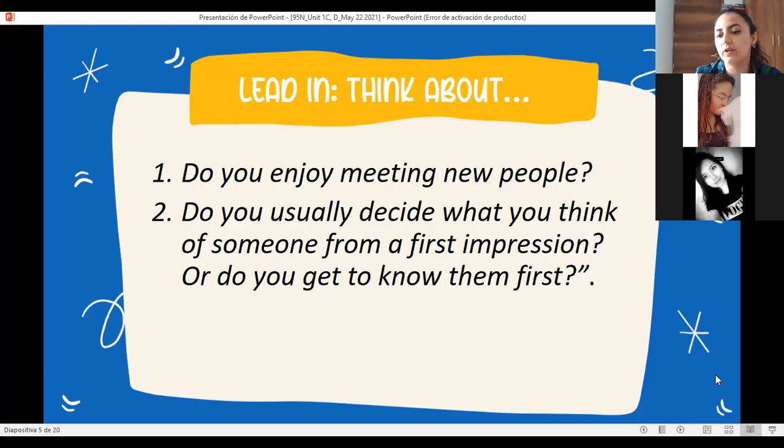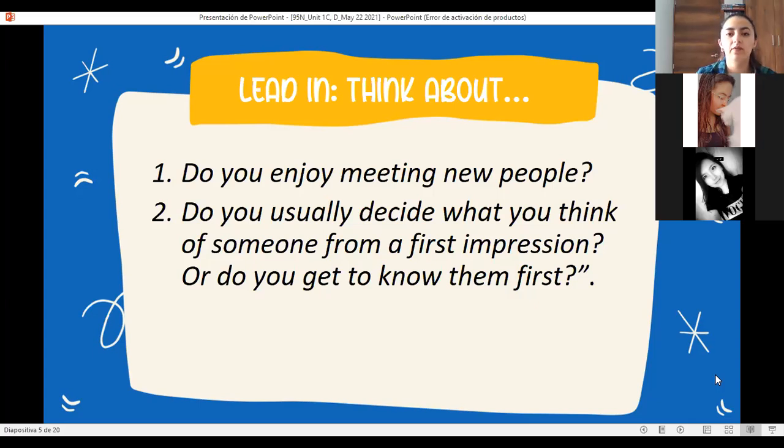Think about those phrases. I think, I believe, in my opinion. Perfect. Very good. Those are very good introductory phrases we can use when we are giving our opinion.